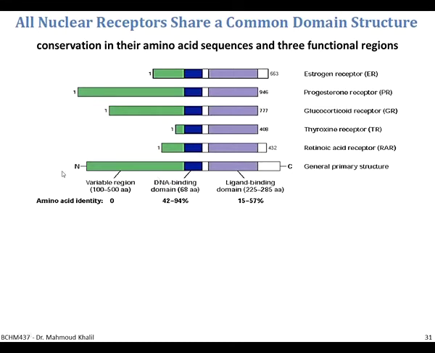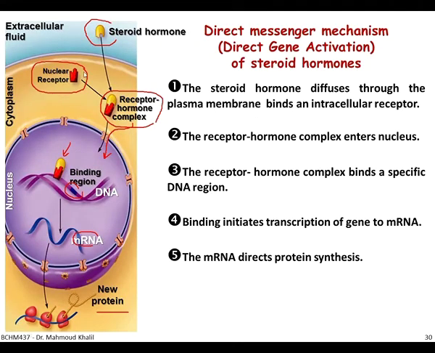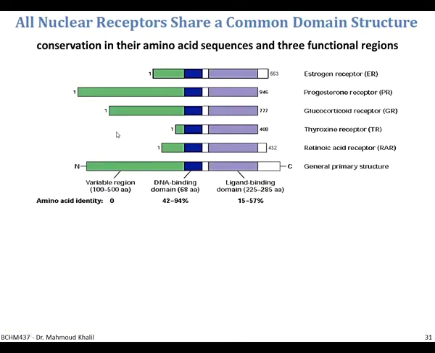So we are talking here about some examples of these nuclear receptors. You can see that a lot of the nuclear receptors share conservation in their amino acid sequence, and they have majorly 3 functional regions that are the same in different receptors. Here you can see 5 examples: the estrogen receptor, progesterone receptor, glucocorticoid receptor, thyroxine receptor, and retinoic acid receptor.